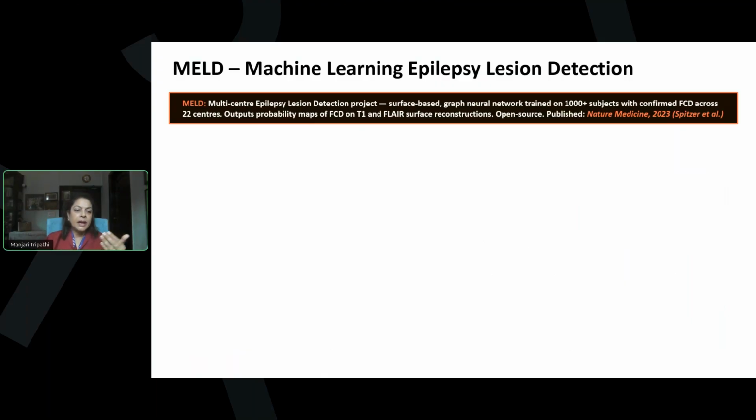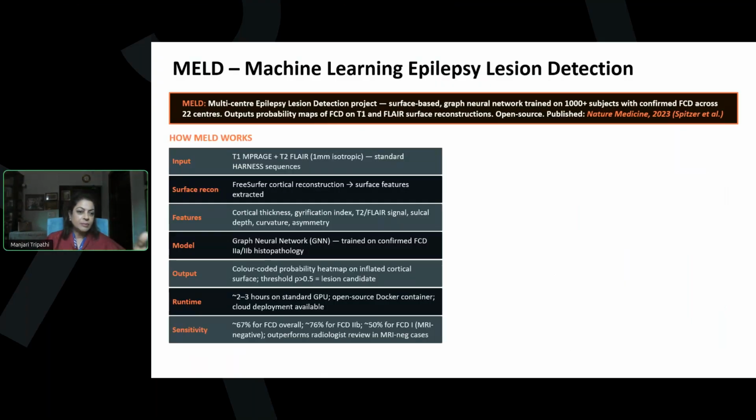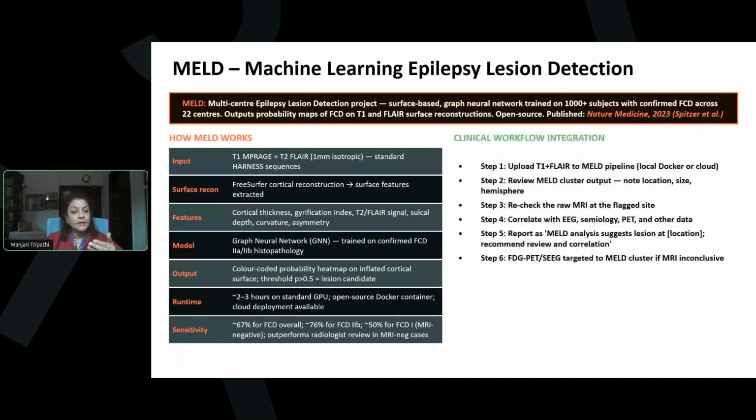And these are the stages by which MELD works. You can feed in 10 patients at a time, that is, feed in 10 MRIs at a time. You can put it on in the evening, and next day morning, you have the results out. And it really helps in those patients where you have a good localization, but you're not able to get a clue on the MRI.